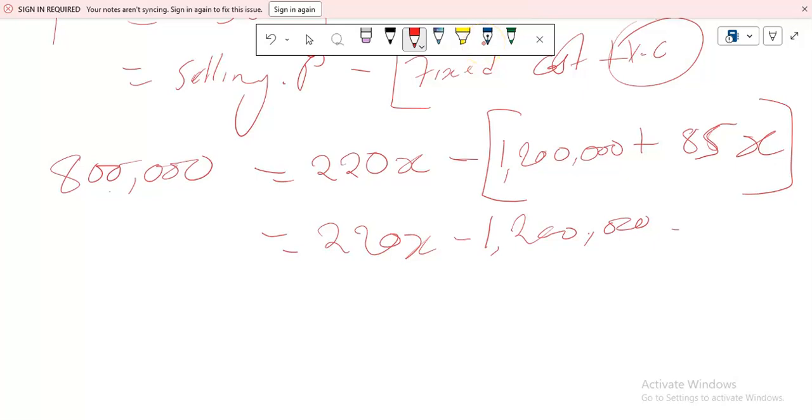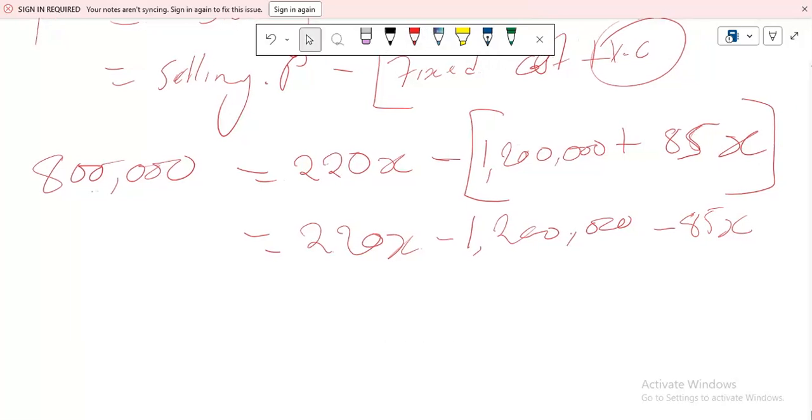So that will be minus 85x. Alright. Now, being where we are at, this is 800,000.